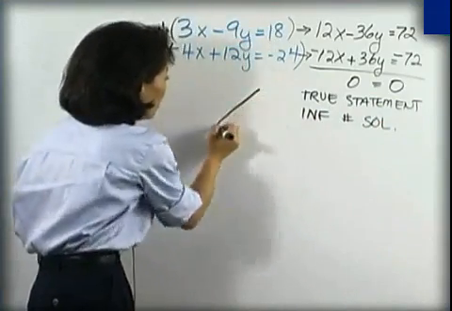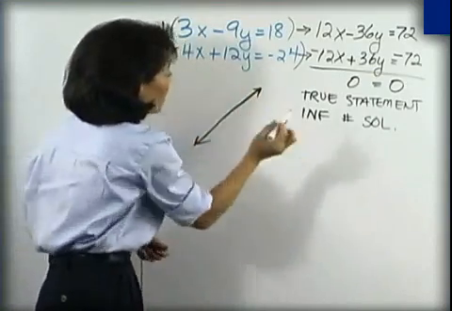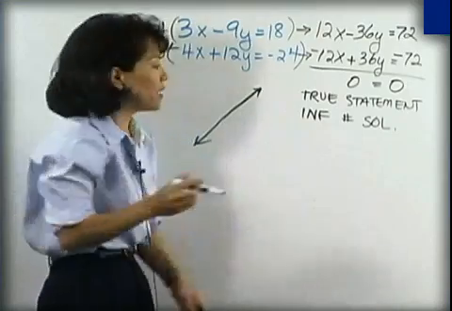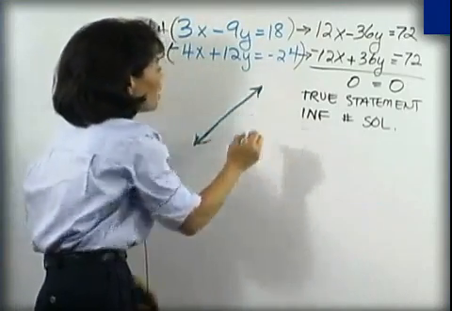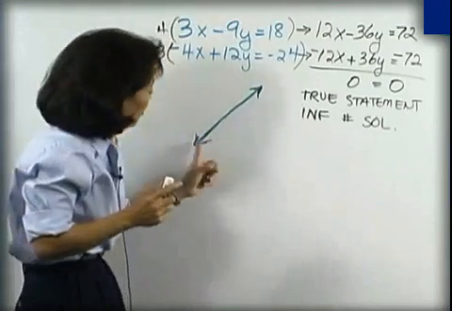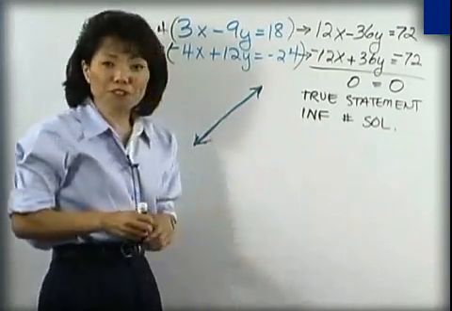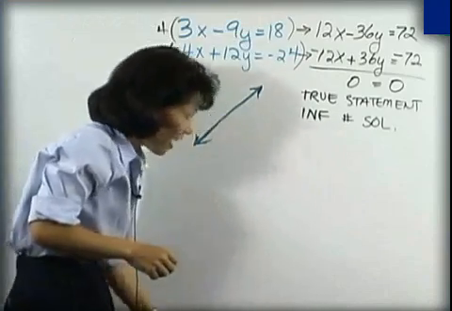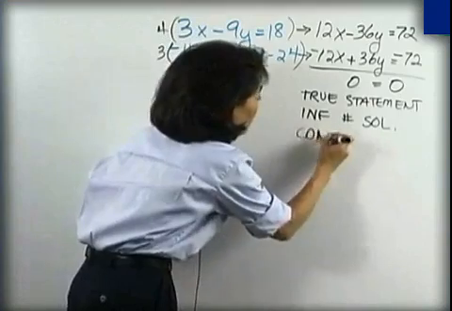It means that if I graphed one of my lines, and then I graphed my second line, guess where the relationship of those two would be? My second line would be exactly on top of my first line, so that every single ordered pair on that line would be a solution. So again, since I have at least one solution, I call the system consistent.